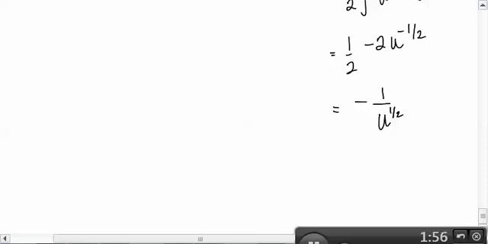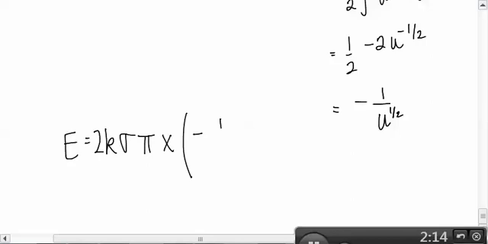So now the electric field, what did we factor out? We factored out a k, a sigma, a pi, a 2, and an x. And now this would be negative 1 over, what was u? R squared plus x squared, evaluated from 0 to a.